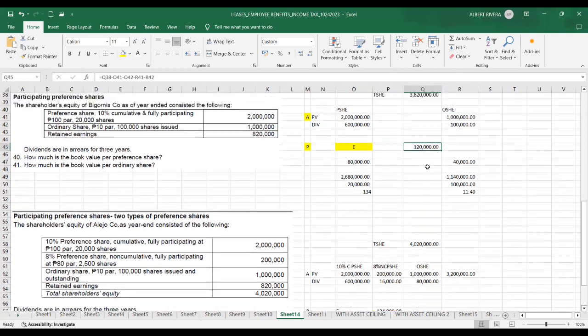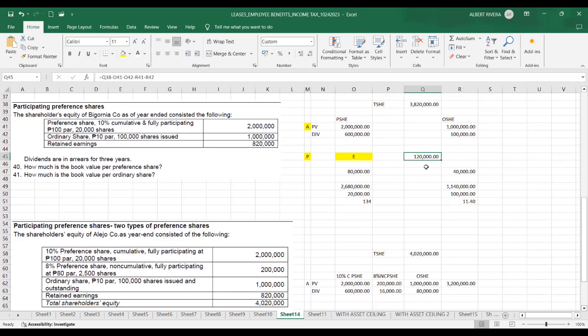And the basis on allocation should be the aggregate par value. So the aggregate par value here is 3 million. 2 plus 1 is 3 million. So 2/3 of which is for the preference stockholders. So that is 120,000 times 2/3. So that is 80,000 here. And this should be 1/3. Okay, so 120 times 1/3. So that is 40,000.